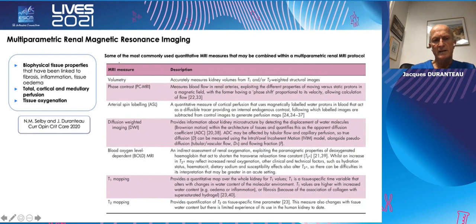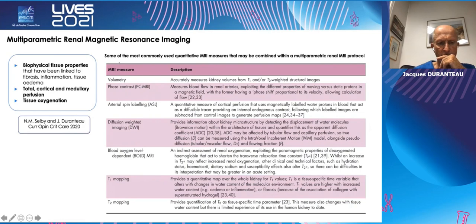With this technique, we can have biophysical tissue properties that could be linked to fibrosis, inflammation or tissue edema. It's important because in our patients, we are afraid of tissue edema and renal edema, which could decrease the renal microcirculation. Also, it's possible to assess the total cortical and medullary perfusion, and to have an idea of the tissue oxygenation.